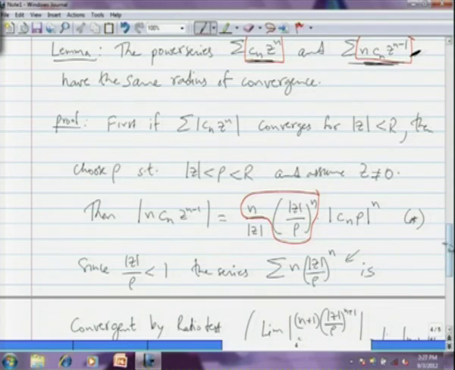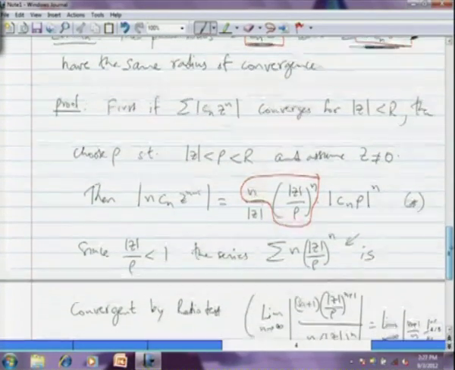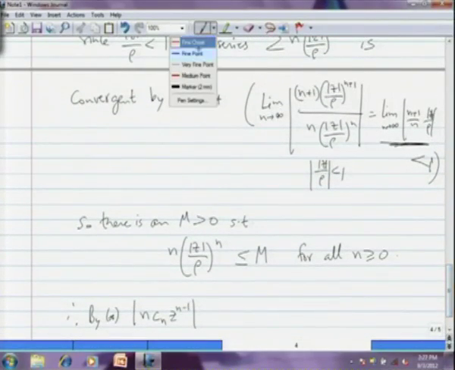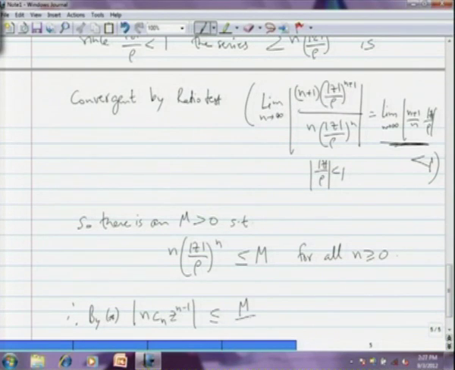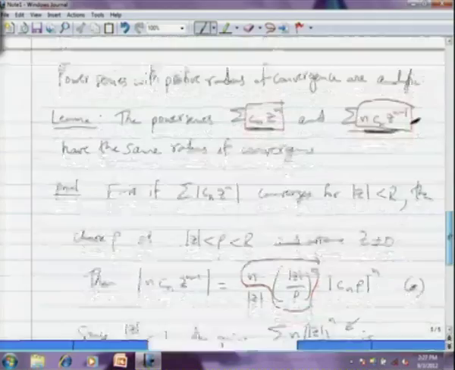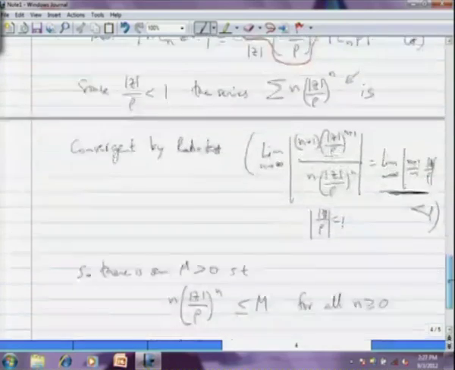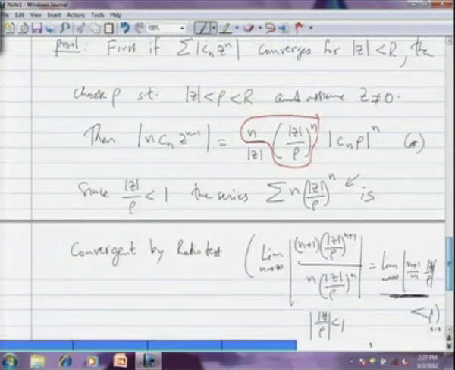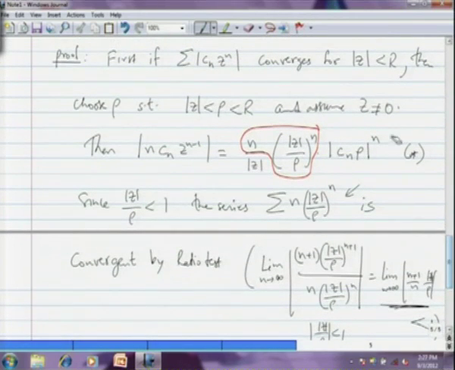So, the modulus of n C n z power n minus 1 is less than or equal to m by mod z times modulus of C n rho power n. I apologize, in this star this should be rho power n here, not C n rho whole power n. So, this is C n rho power n.